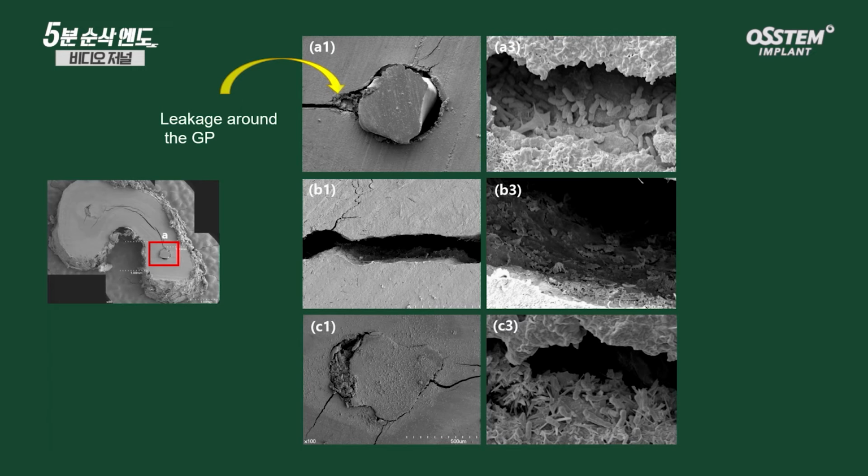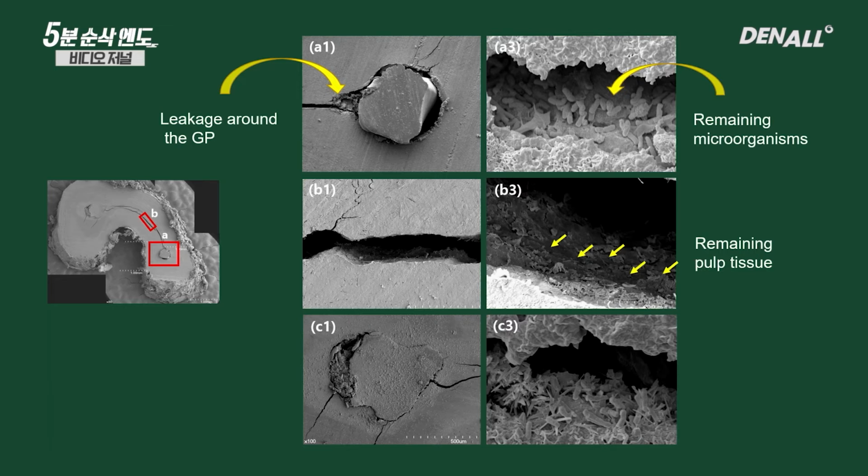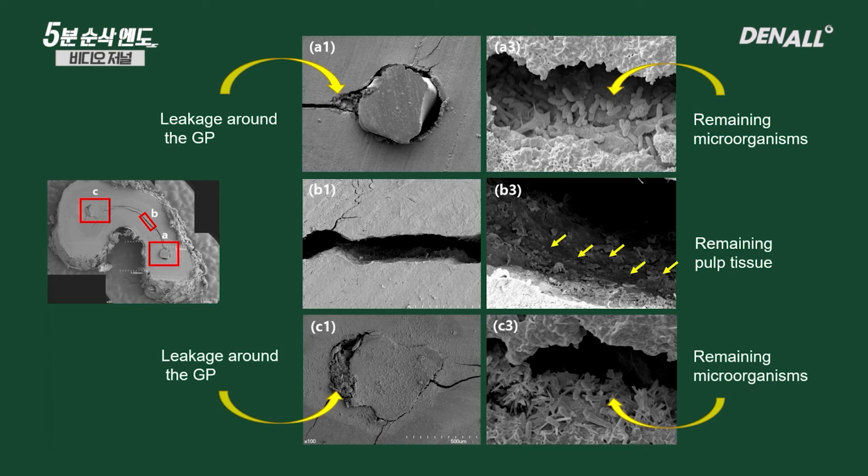If you magnify even further, there's residual bacteria in the isthmus area. If you don't magnify as much, it looks clean, but there's residual pulp. And on the other side of the GP filling area, there's also leakage, and around that there's microorganism.